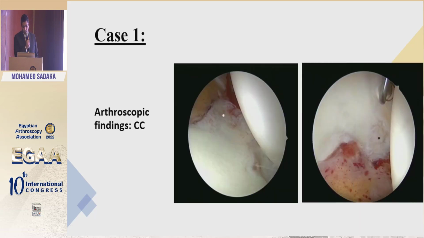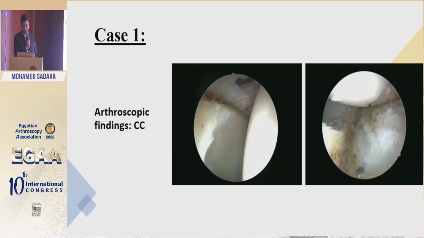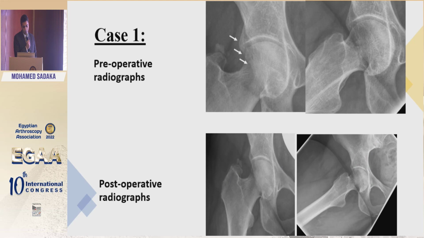Also, we can see chondral damage in the ischium and the pubis, which is typical for the contrecoup lesion seen with pincer deformity. Also, small central osteophytes were seen. Arthroscopic appearance after acetabular resection, and post-operative radiographs.